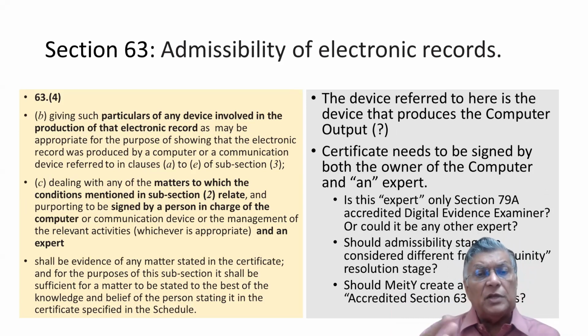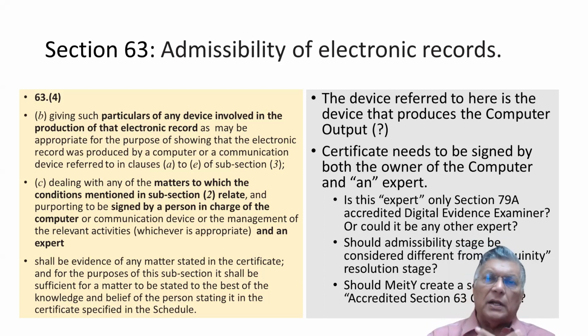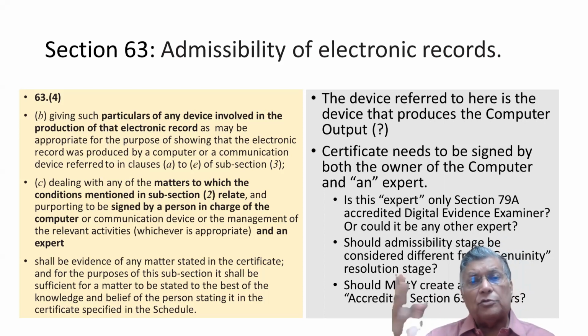Then dealing with any of the matters to which the conditions mentioned in subsection 2 relate, and purporting to be signed by a person in charge of the computer or communication device and an expert. So earlier it was only the observer who was signing. Now they say that it should be signed by the computer owner as well as the expert. Now, if there is an intermediary, if there are multiple computers, does it mean that multiple computer owners have to sign this certificate?